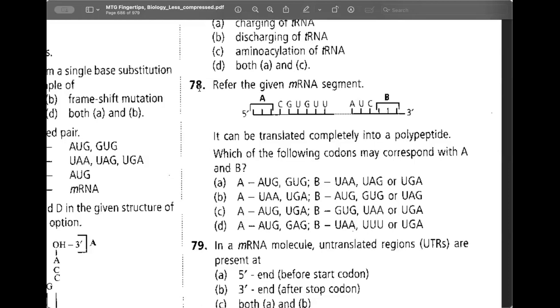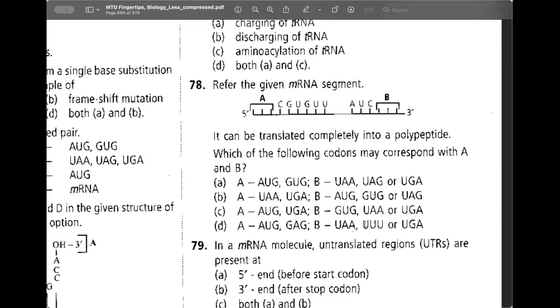It is very, very wrong. Option C, since AUG is there, but the next one is UGA, which is a stop codon. At A, you cannot have a stop codon, correct? Yes, sir. And in D, you don't know about GAG, but see, there is a UUU. UUU does not act as a stop codon.